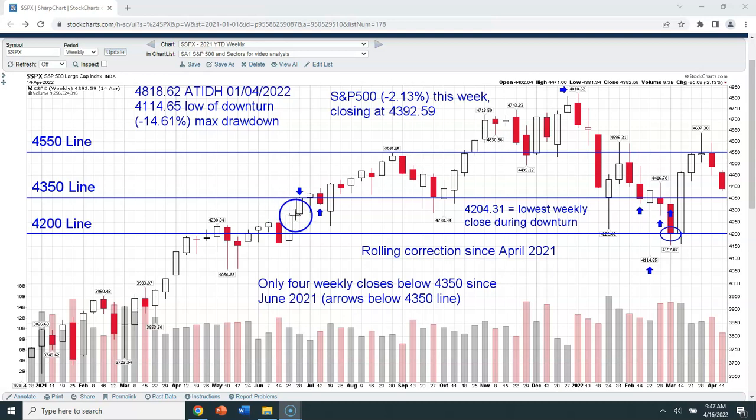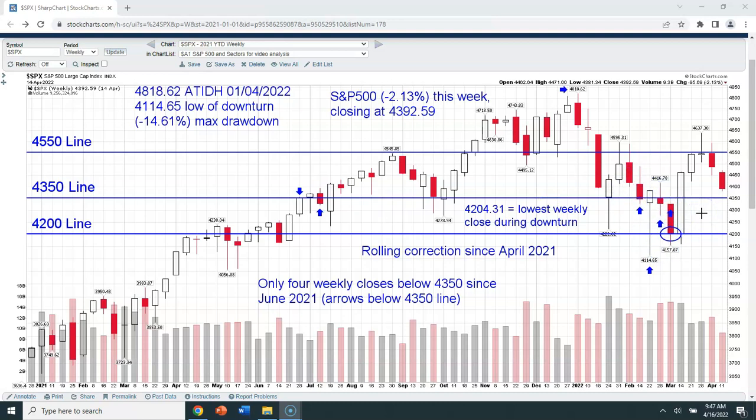The first time we ever got above 43.50 was back here at the first part of July of 2021. And we've only had, as the annotation shows right here, 4 weekly closes below 43.50 since June of 2021. There's one right here, one right here, one right here, and one right here.